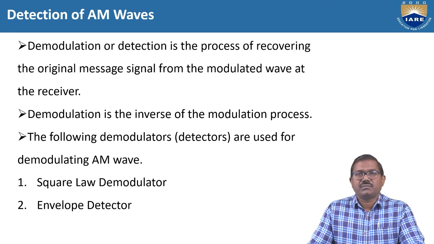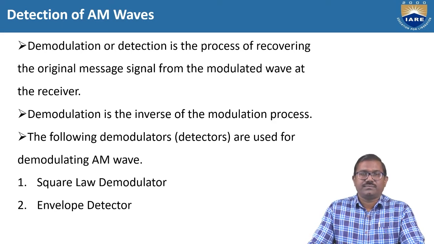In the communication system, three main blocks are there: one is a transmitter, another one is a channel, and the last one is the receiver. In the transmitter, we modulate the signal and send it into the channel. Again, this signal is recovered at the receiver.